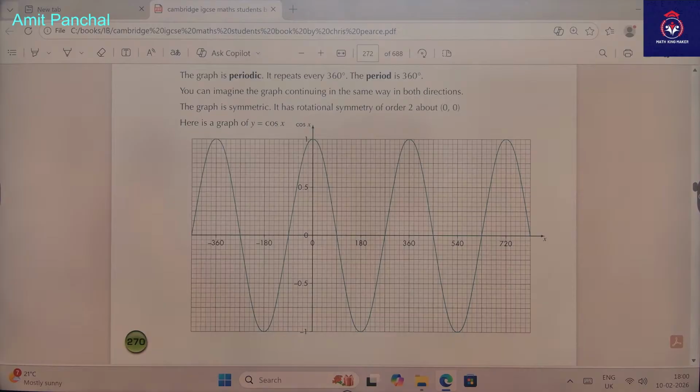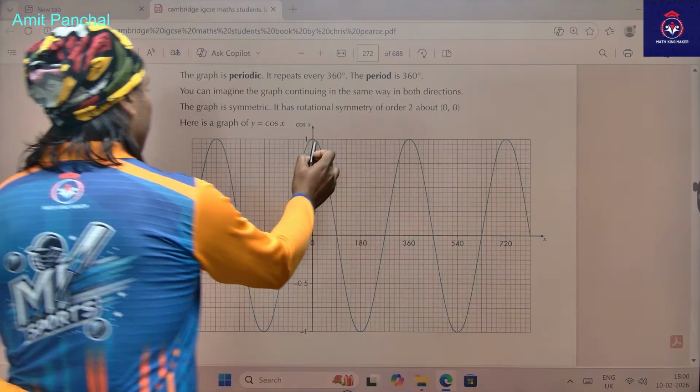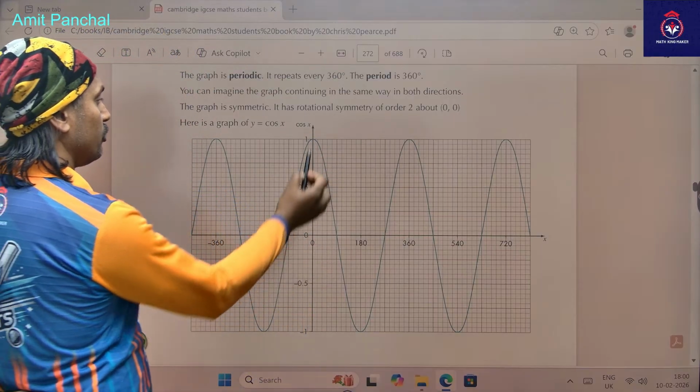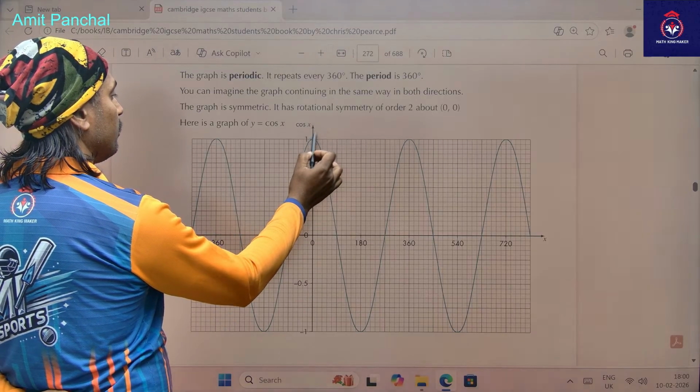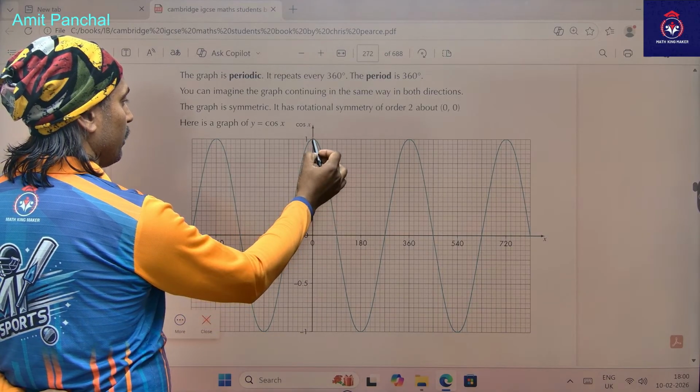So the graph starts at 1 when the angle is 0.